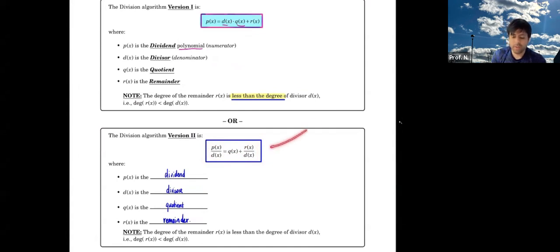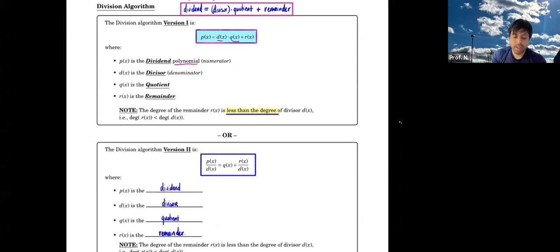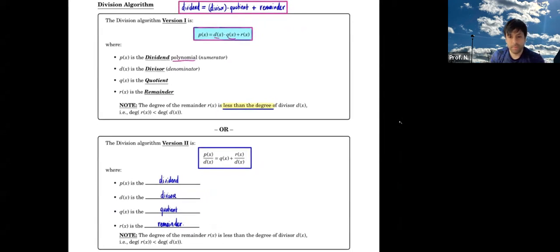But again, if you guys notice, they're essentially the same, just written differently. Okay, so that's the division algorithm. Every time we divide, we envision the result as in one of these perspectives, either version 1 or version 2. Okay, so any questions about the division algorithm?